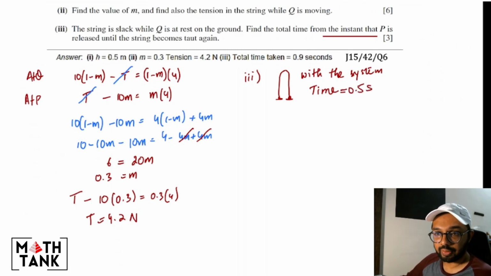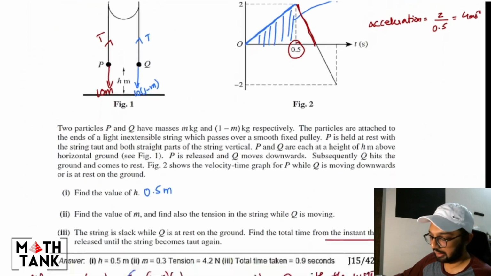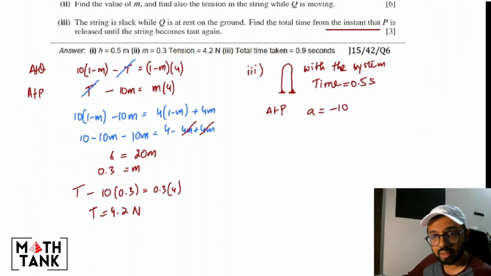So when I'm moving with the system, now you see this starts decelerating. Why is it decelerating? Because it was moving freely under gravity. Now when it's moving freely under gravity, the tension has become 0, and I can again solve this equation, but since it's moving freely under gravity, I can just say that acceleration is minus 10. Its starting speed would be the ending speed of the system.